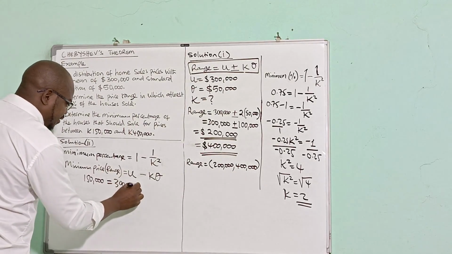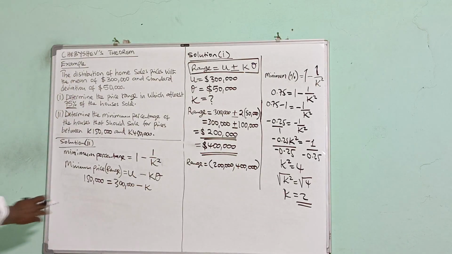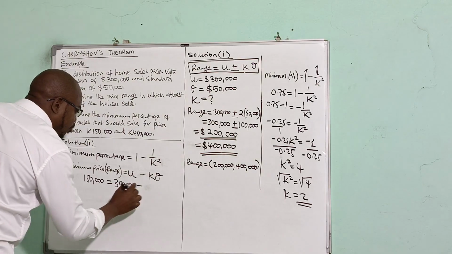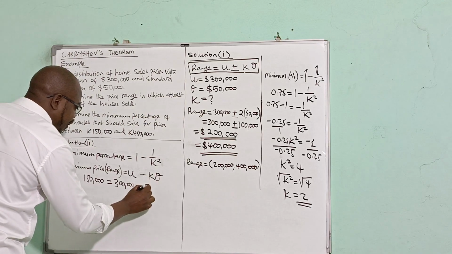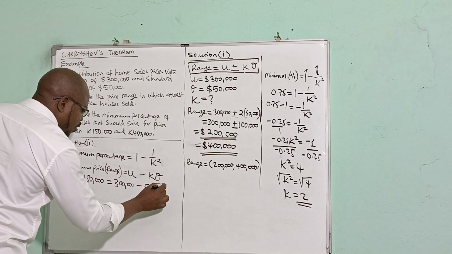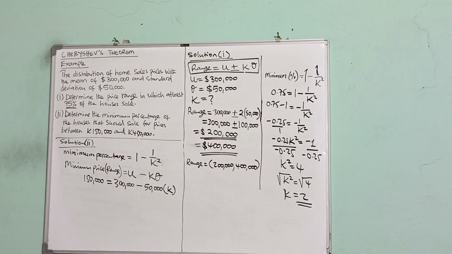Alright? I'm looking for the K. Let me write it properly. I'm looking for the K, but I have the standard deviation. The standard deviation is 50,000. This should be multiplied by K there. I'm looking for the K, so I can solve for the K in this manner.